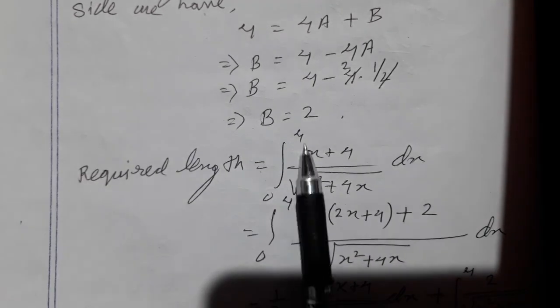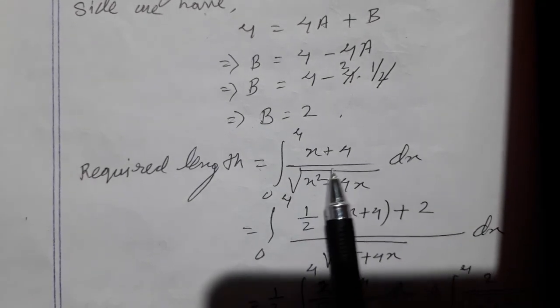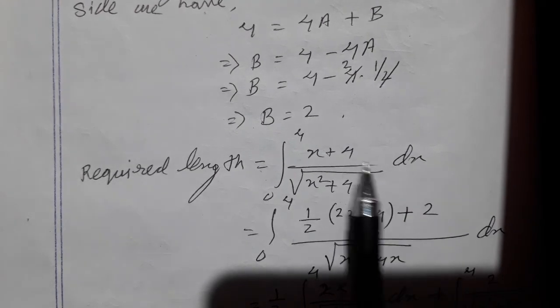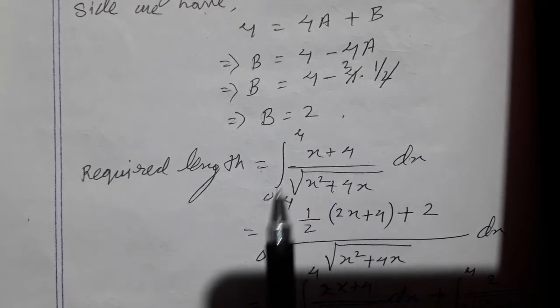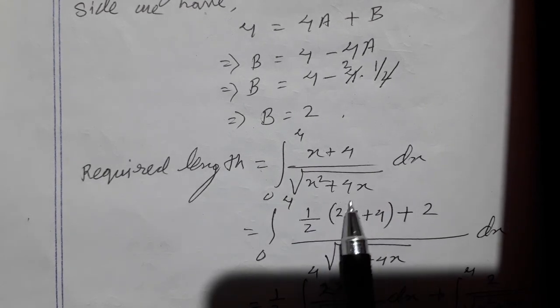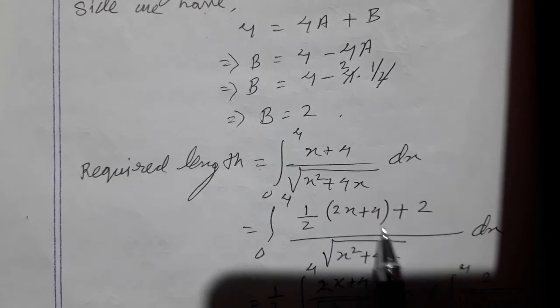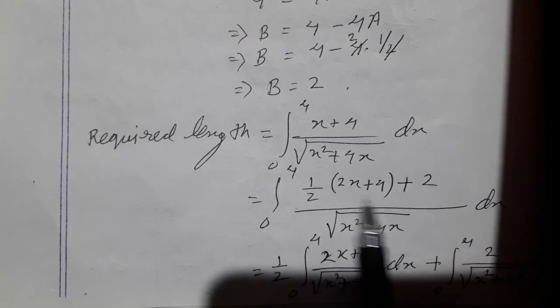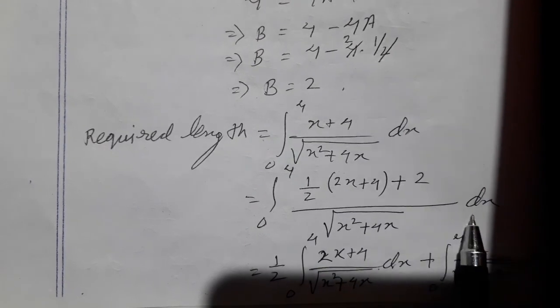So the required length, we have already got till here: integration 0 to 4, x plus 4 divided by square root of x square plus 4x dx. In place of x plus 4, we'll keep a value first. So a is 1 by 2, then the differentiation of whatever is inside, 2x plus 4, plus b, which we got as 2, divided by square root of x squared plus 4x dx.